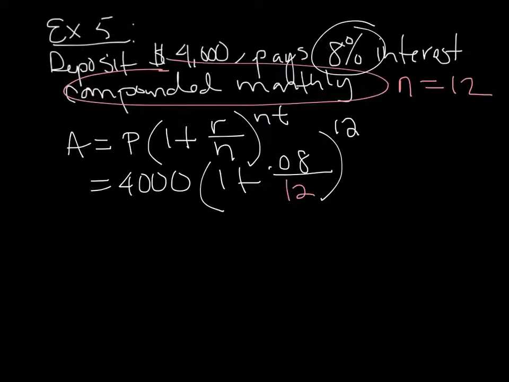It says find the future value after 1 year, so this is really 12 times 1. This is not too bad.